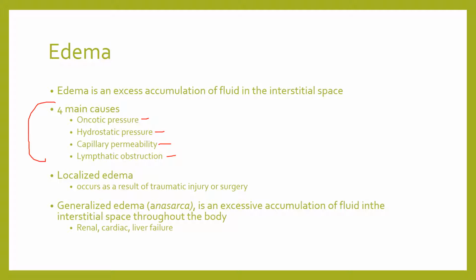Localized edema occurs as a result of a traumatic injury or surgery. And generalized edema, also known as anasarca, is an excessive accumulation of fluid in the interstitial space throughout the body, and this is caused by advanced chronic diseases like renal, cardiac, or liver failure, and it's a very bad sign.